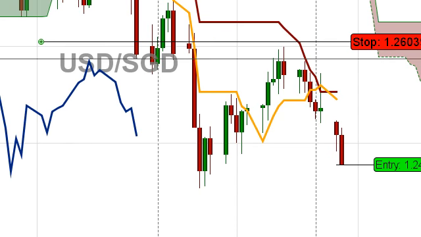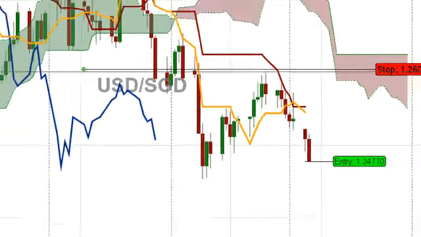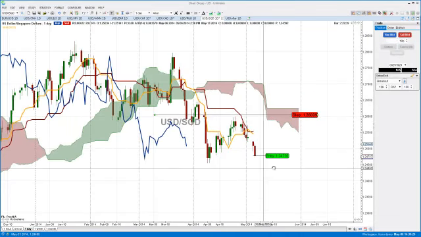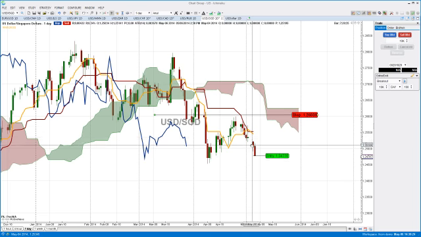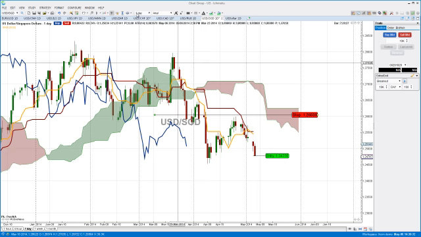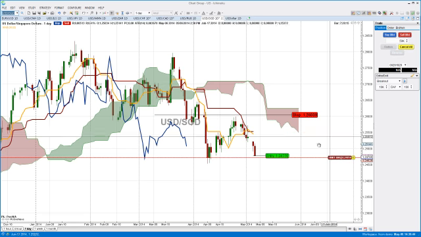Right. So what we're looking at for entry now, to be honest: Tenkan-sen and Kijun-sen are below the Kumo, price is below the Kumo, price is below Tenkan-sen and Kijun-sen. Our entry is a valid entry, so let's bump this up to about 50k, and we can sell at market price, so we're there.